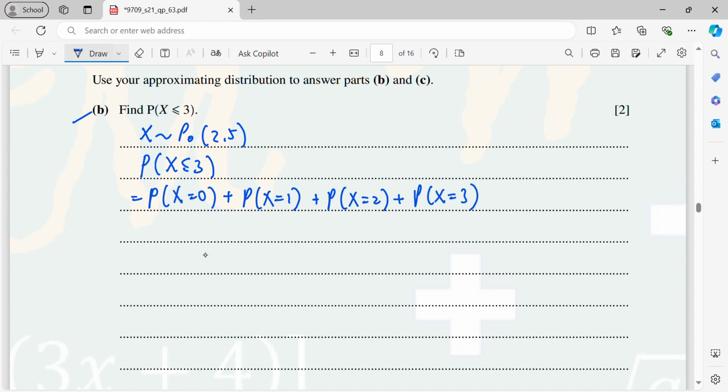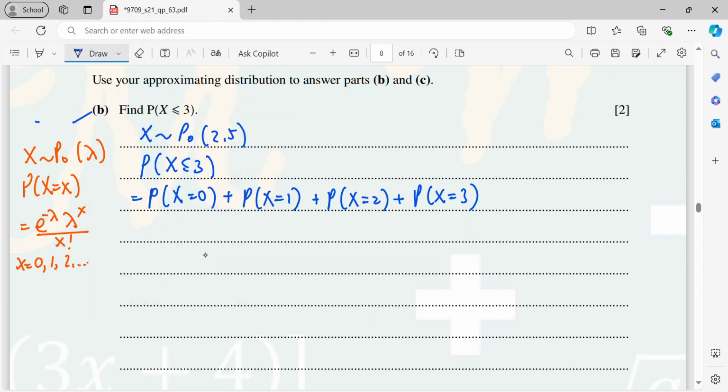And the formula just now was X is Poisson lambda. The probability of x will be e to the minus lambda, lambda to the power x over x factorial, for x starting from 0 until infinity.